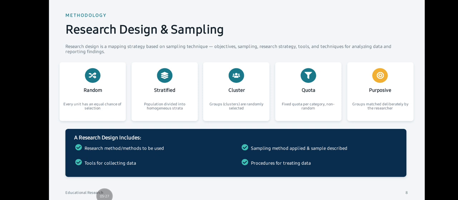Groups are randomly selected. Quota. Fixed quota per category. Non-random. Purposive. Groups match deliberately by the researcher. A research design includes research method or methods to be used, tools for collecting data, sampling method applied, and sample described, procedures for treating data.